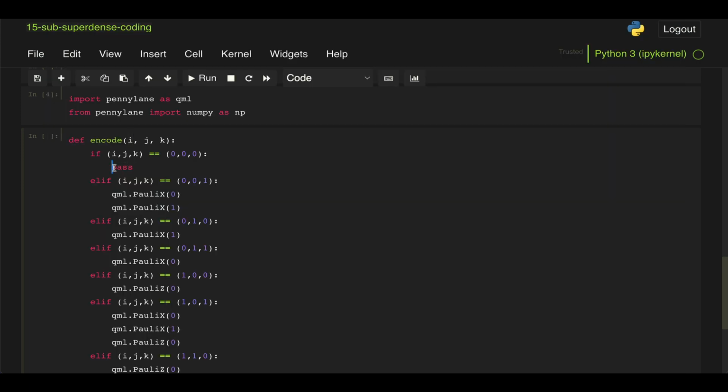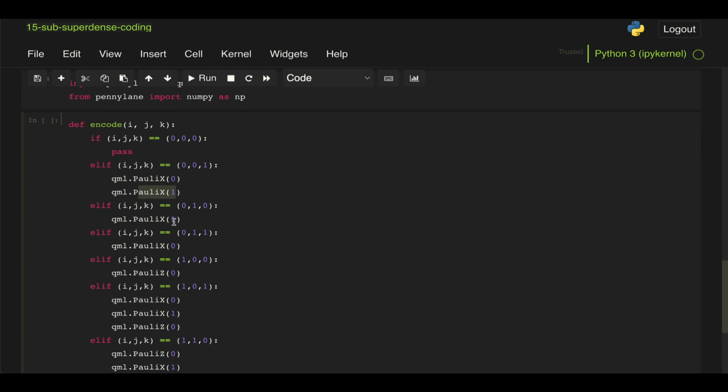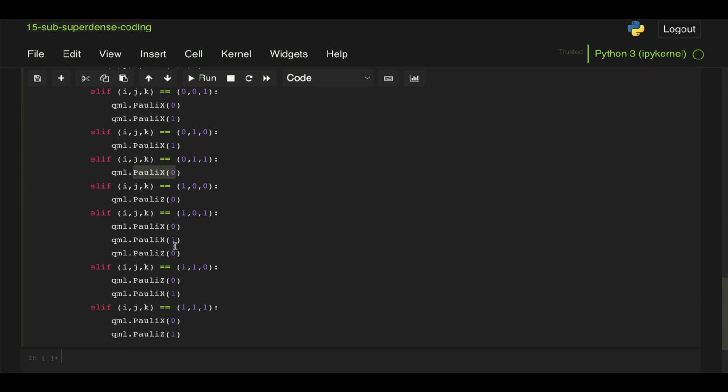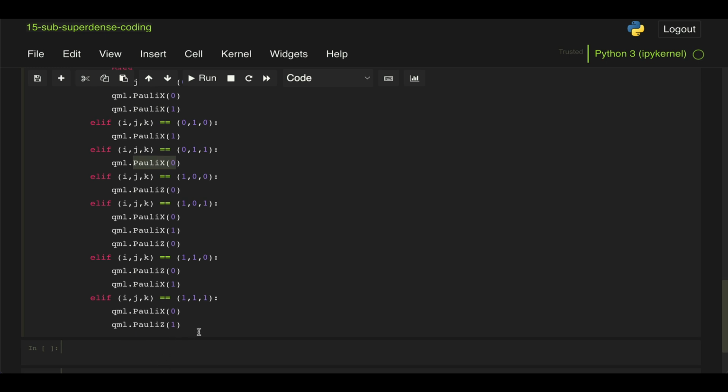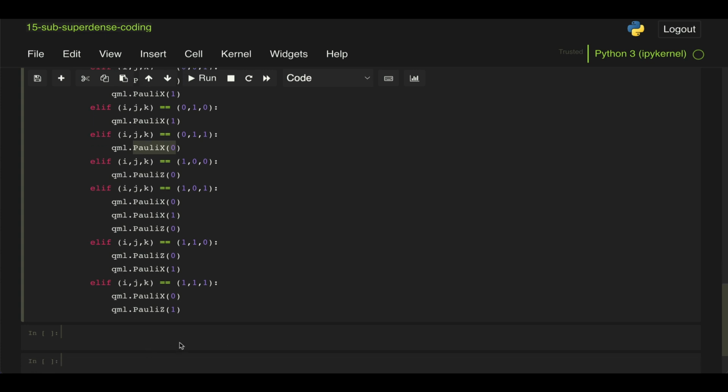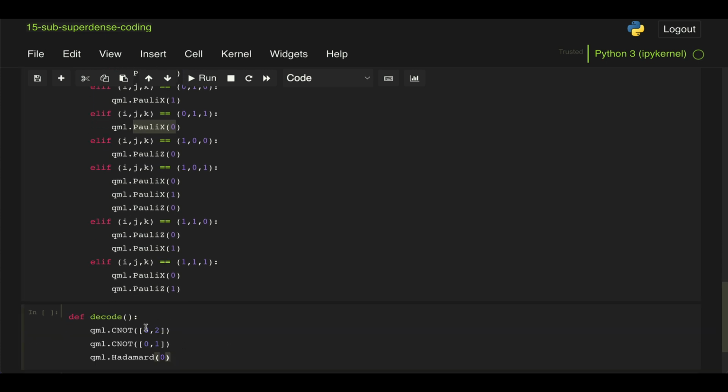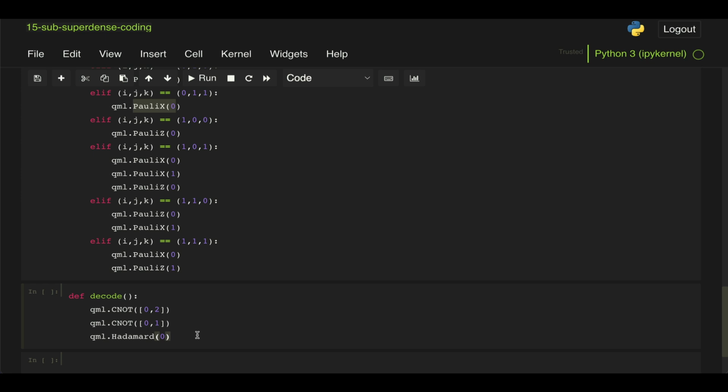So do nothing if we want to encode 000, apply X gates to both qubits if it's 001, then one X gate when this is 1, and so on and so forth to match that table we had. Now, the function we need to decode, or that Bob needs to decode, again, is the reverse function that we have to prepare that GHZ state.